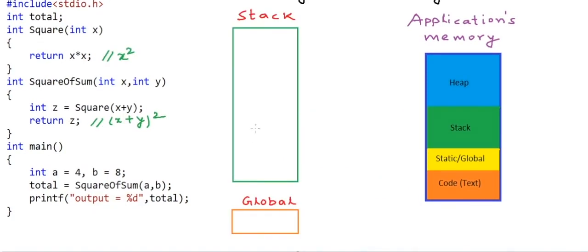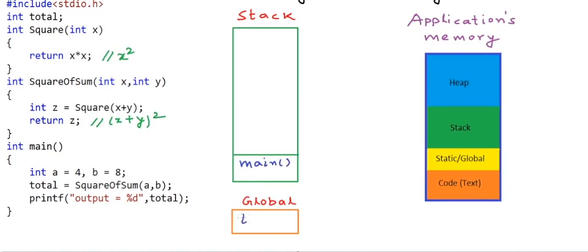Let us say this rectangle in green here is memory reserved as stack, and this rectangle in orange is the memory reserved as the static or global variable section. When the program starts executing, first the main method is invoked. When the main method is invoked, some amount of memory from the stack is allocated for execution of main.